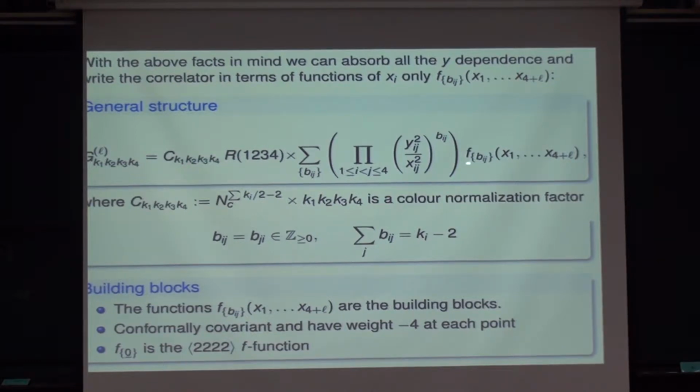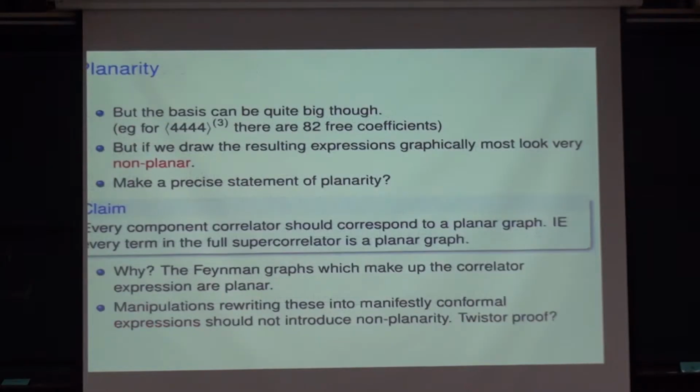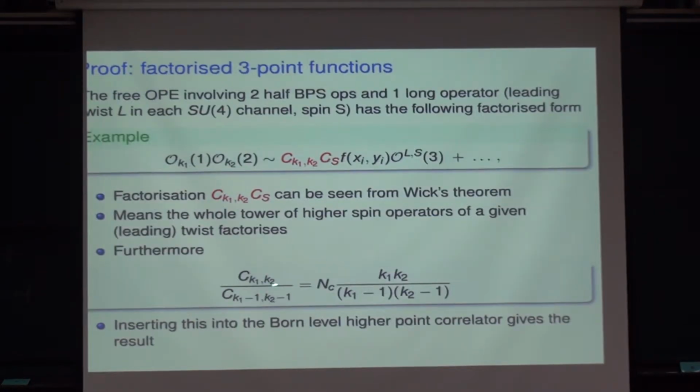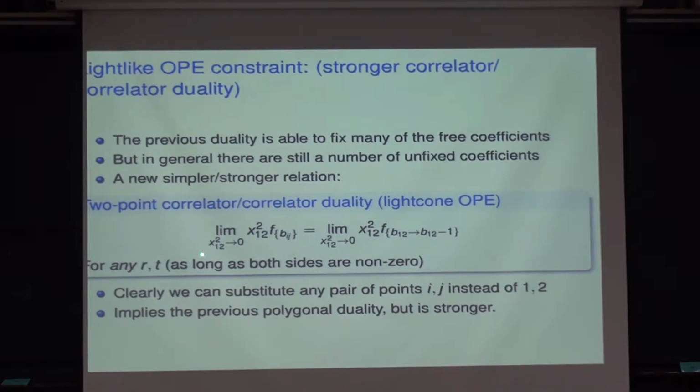Of course, I didn't have to, because I've got an arbitrary function here, but it was useful to pull out this factor, K1, K2, K3, K4. And that factor is precisely related to this factor: I've got K1, K2 divided by K1 minus 1, K2 minus 1. So with that factor pulled out, this relation gives me a very straightforward limit between my building block functions.